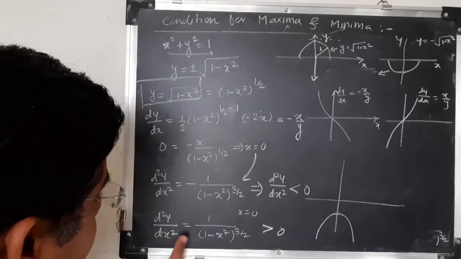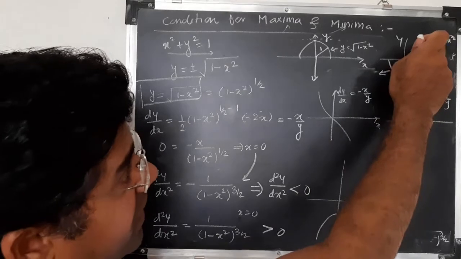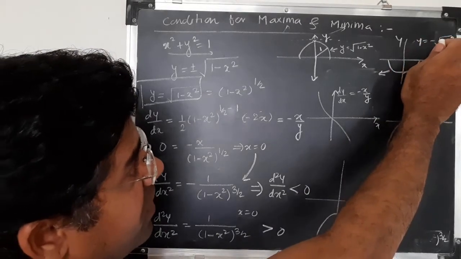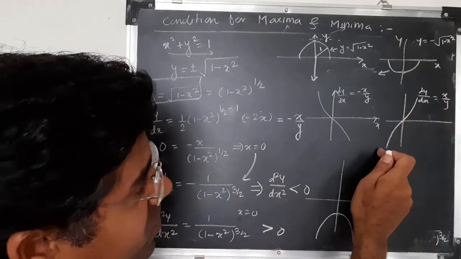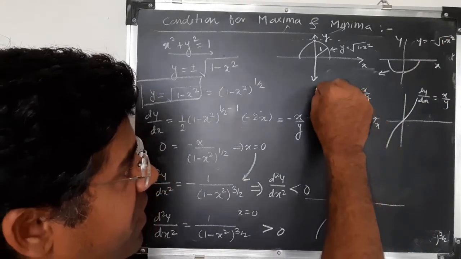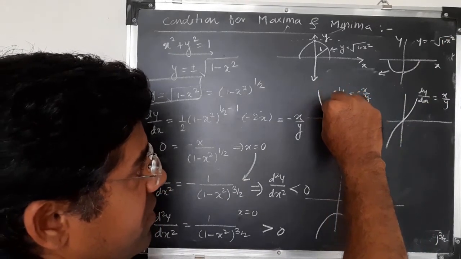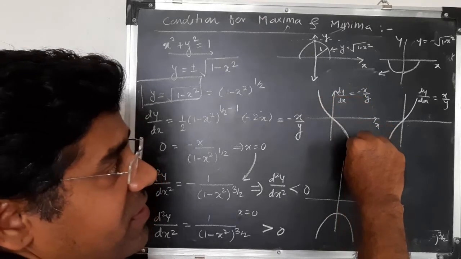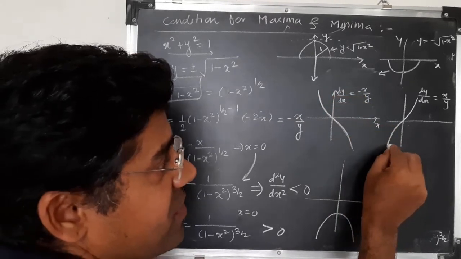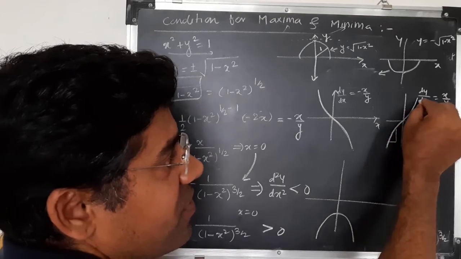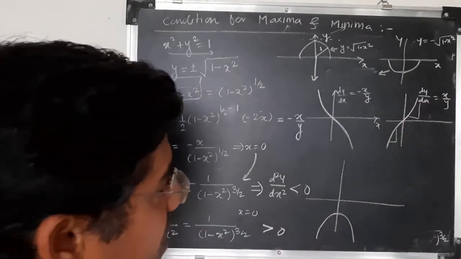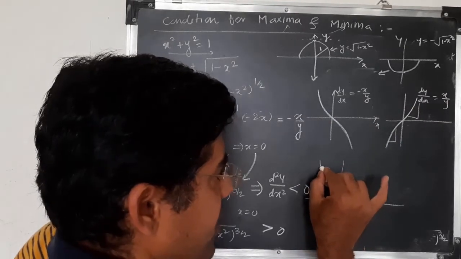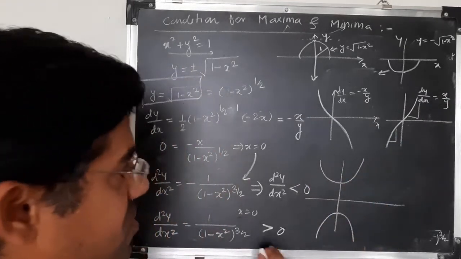Okay, and now you have taken y equal to minus 1 under root of 1 minus x square. In this case, suppose your slope is coming here and then going over here. In this case, find out the slope. It is positive 1 and you will get such a type.